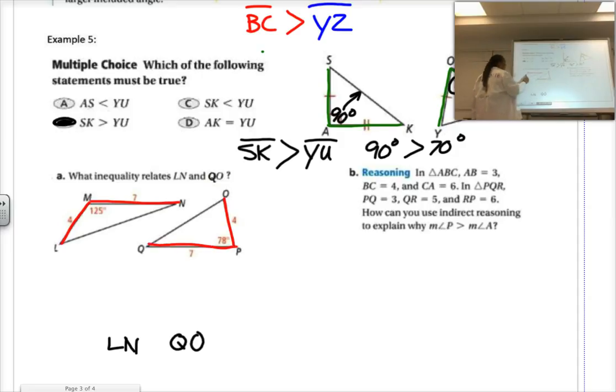So now we're looking at the included angle. This included angle is 125, whereas this other included angle is just 78. So LN is going to have to be greater than QO, because 125 is greater than 78.